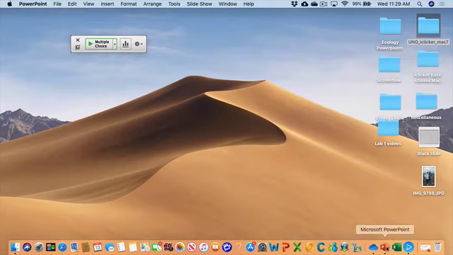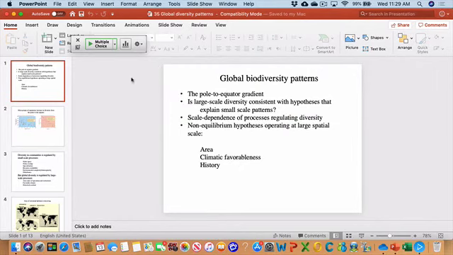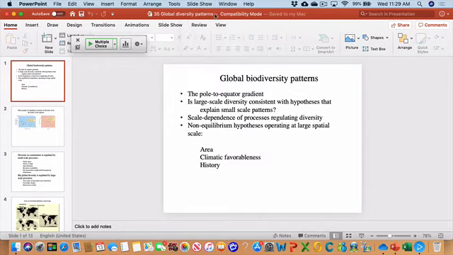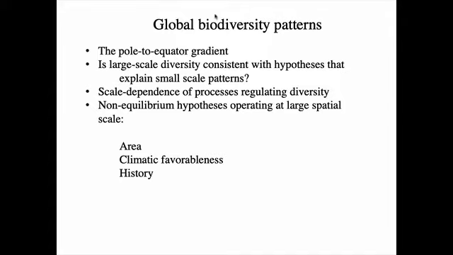So as promised, we will finish this unit on communities by talking about global biodiversity patterns. So first we'll explain that pole to equator diversity gradient, which you probably sort of know already.